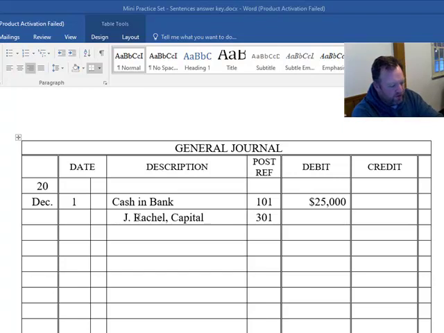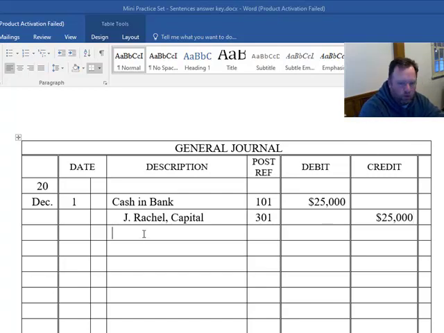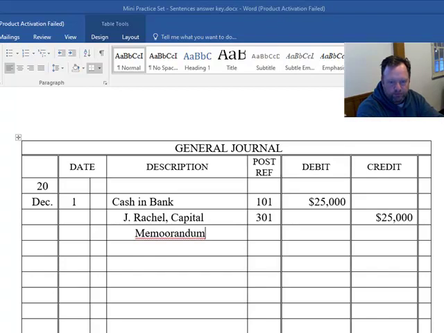And this is a credited account for $25,000. Coming back to you. Then our third and final thing is to stair step it in one more little piece and put the source document there. You can make a memo, that's fine too. So this is our first completed general journal entry.